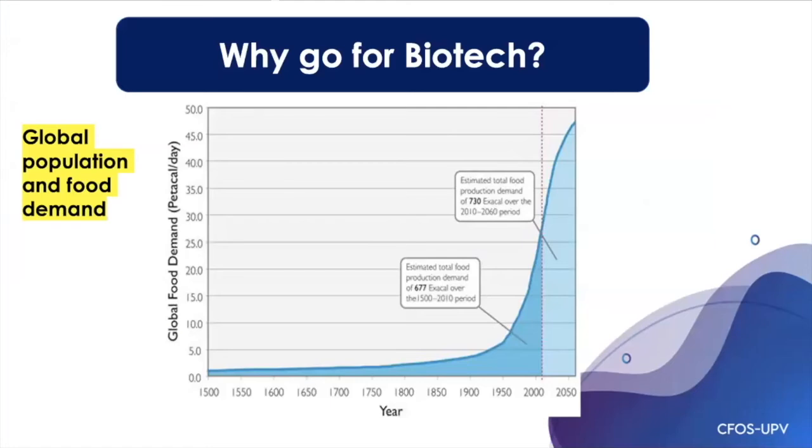Okay, so why do we go for biotech? Ang naka-highlight dito is it's the answer for global population and high food demand, no? Kasi we can actually increase our crops and produce better quality and higher yield crops, not just for crops, but also for fishes, especially for aquaculture fishes, because of the advent of biotech.